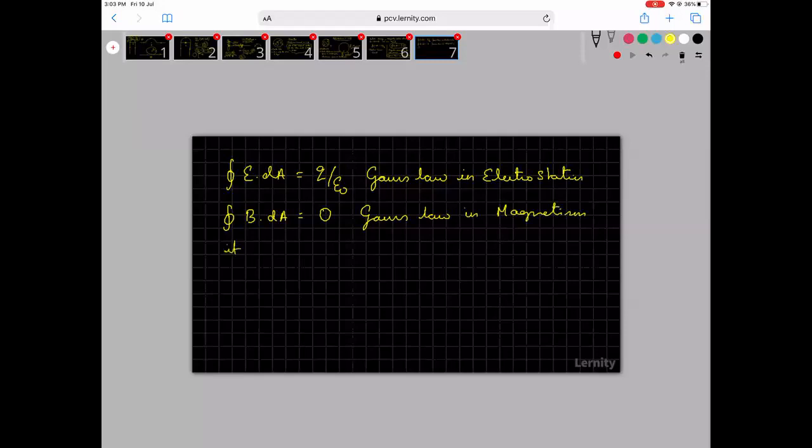It implies that magnetic monopoles do not exist. Wherever you see North Pole, you will also see South Pole.